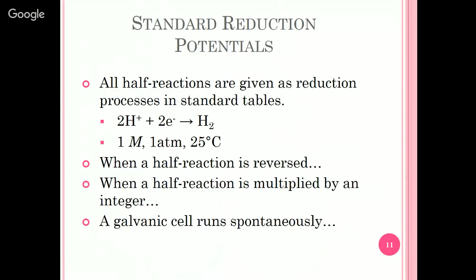Those coefficients are only present because in that particular reaction, that is how many of those atoms are required to react with something else. But it does not change the overall potential. So you are never multiplying your potentials by any numbers. And a galvanic cell runs spontaneously when our cell potentials are positive. So we need a positive cell potential, and that allows us then to use that energy to do work.